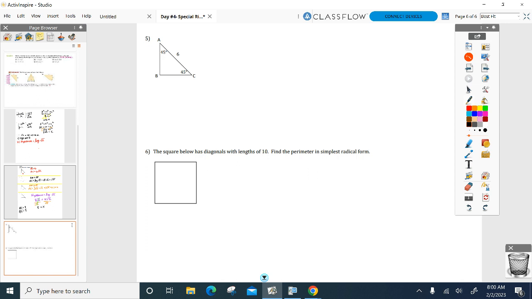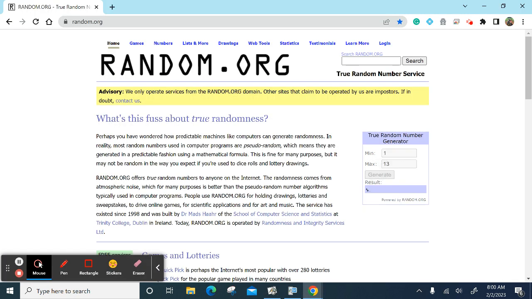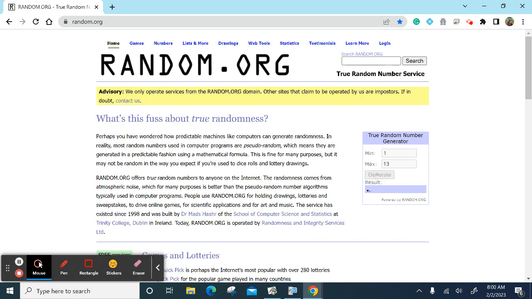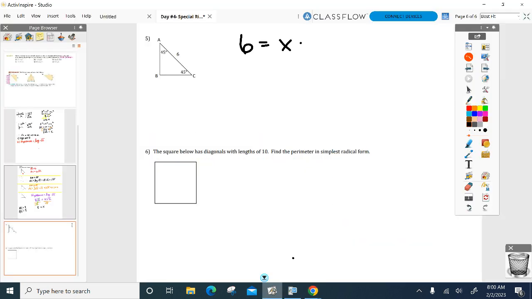Find the legs. We know they're equal. What's 6 up here? That's the hypotenuse. Hypotenuse equals leg times what? Leg times radical 2. There you go.